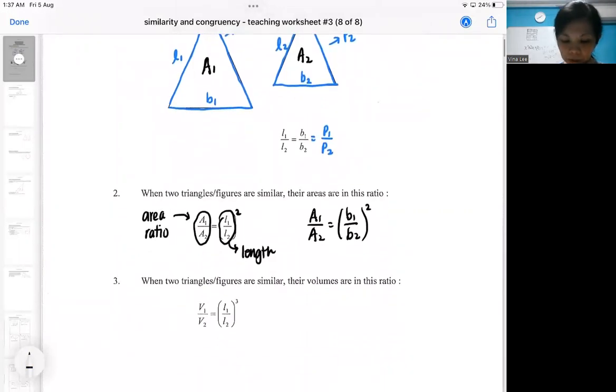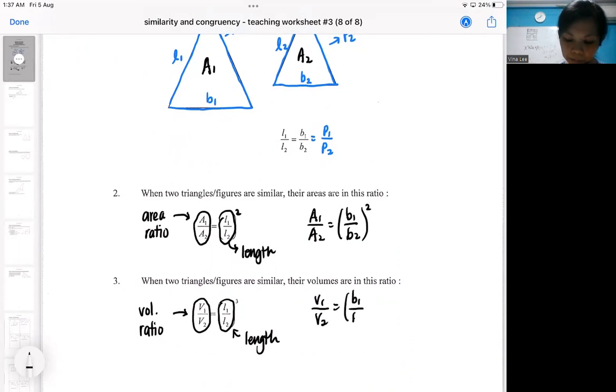Another formula is called the volume ratio. If we compare the volume ratio, it will be the cube of the length ratio. Same thing, of course, you can cube the base ratio as well. You can take any of the length ratios and cube it.